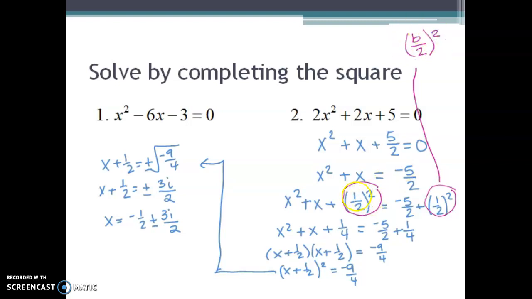In this case it was 1 divided by 2, and in the other example it happened to be negative 6 divided by 2. After you get that separated, you are able to factor. You have a quantity that's squared, so then you can square root, and then it's just a matter of adding or subtracting.